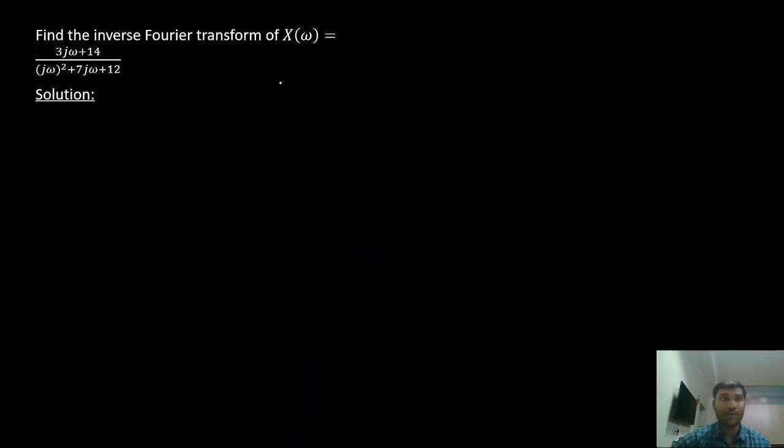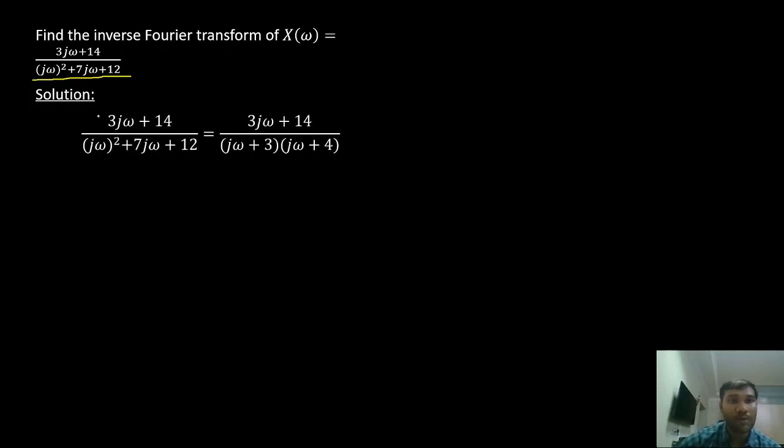Now let's move on to the next problem: the inverse Fourier transform of X of omega. Now my X of omega is something like this. So what I will do, I will factorize my denominator. Instead of 7j omega, I can write 3j omega plus 4j omega.